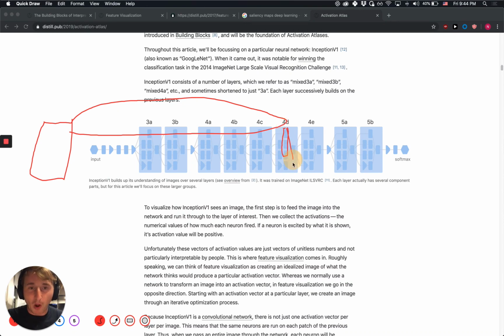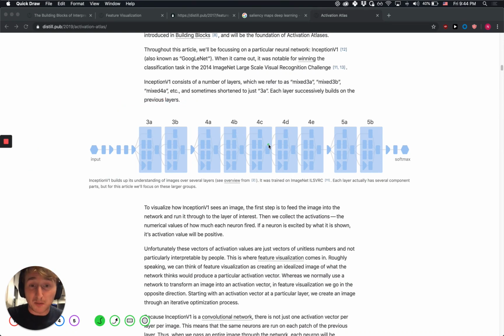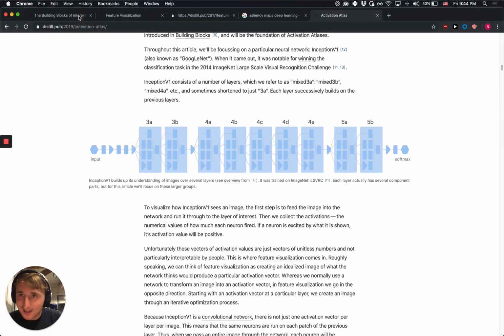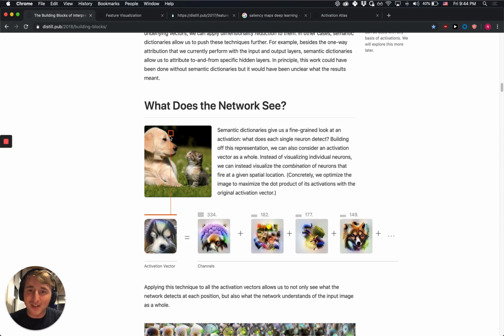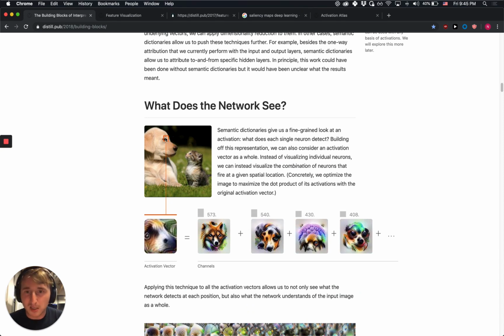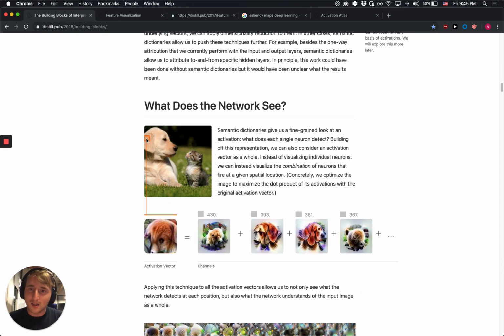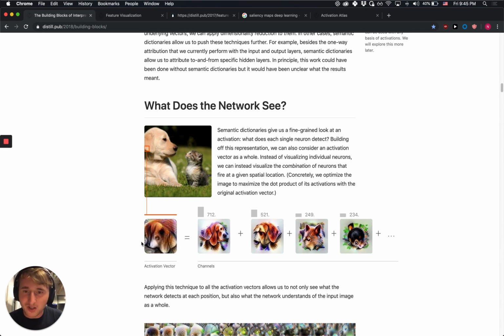Specifically all of the neurons, but weighted by how much they fired in that one spatial position. Then we see this joint vector. There's no neuron in the network that learned this exact vector. It's a combination of other neurons.